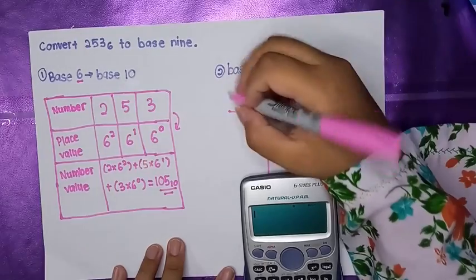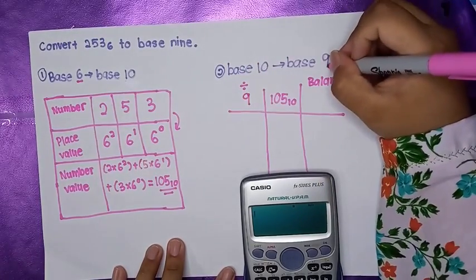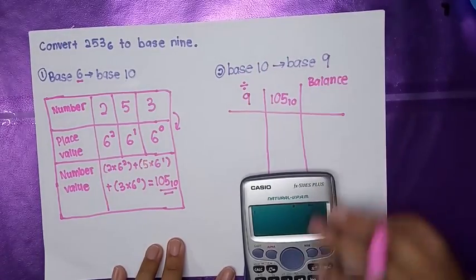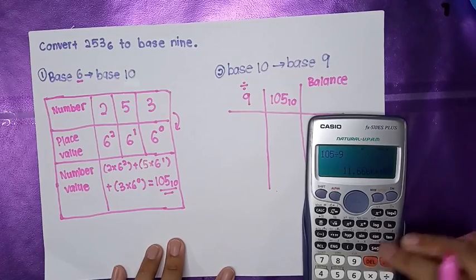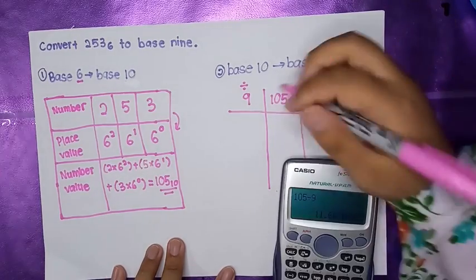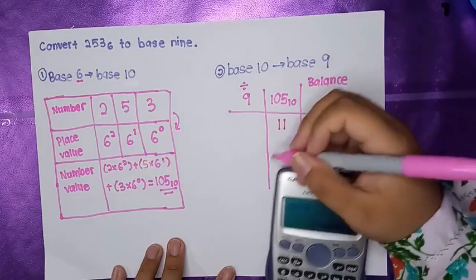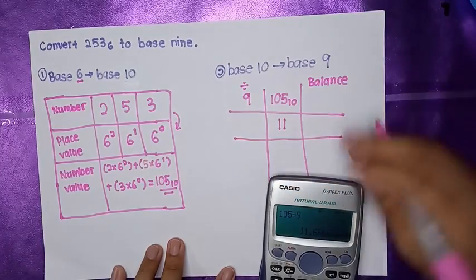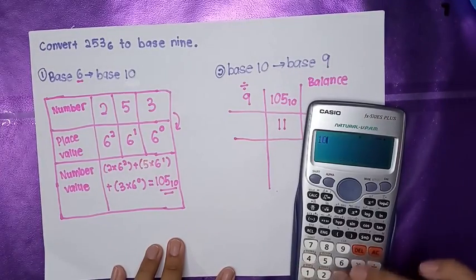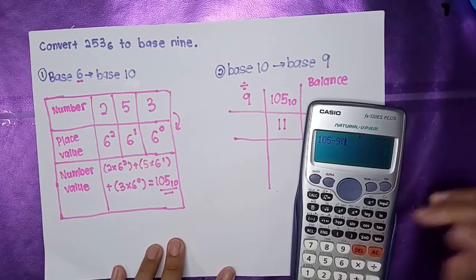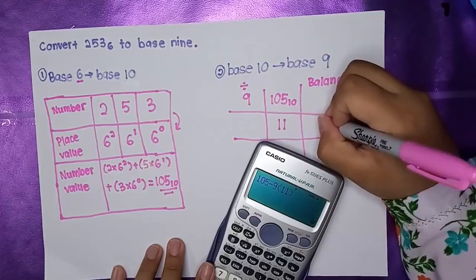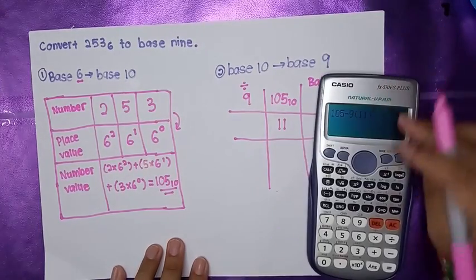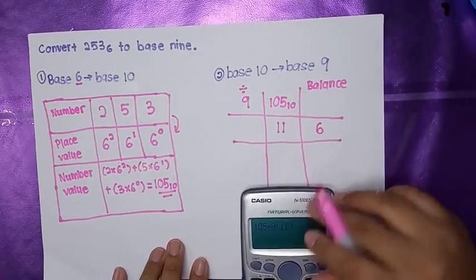Here we divide by 9 because we want to convert it to base 9. 105 divided by 9 is 11. And we check for the balance. 105 minus 9 times 11, 6. And then we divide again by 9.